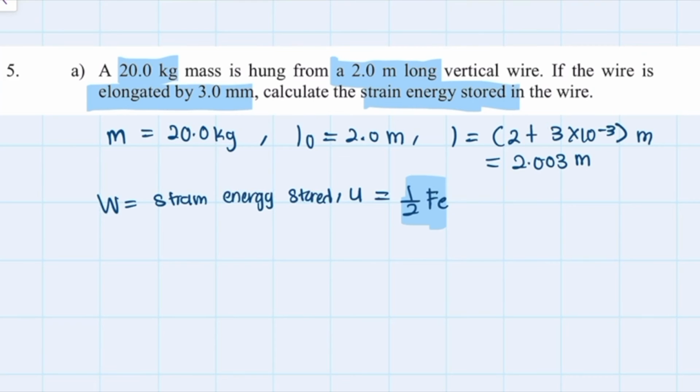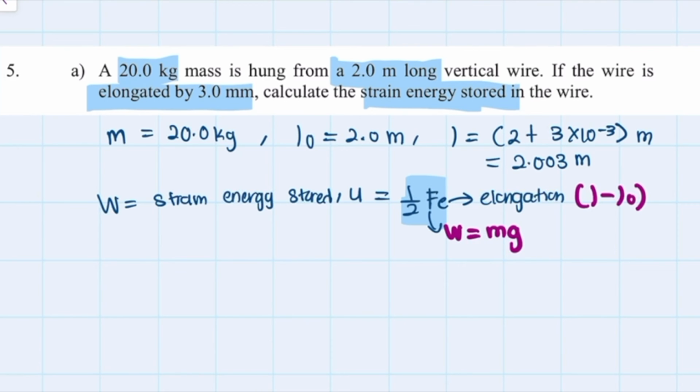First you need to find e, where e is the elongation. The formula is final length minus initial length. And the force acting is the weight, which is equal to mg.